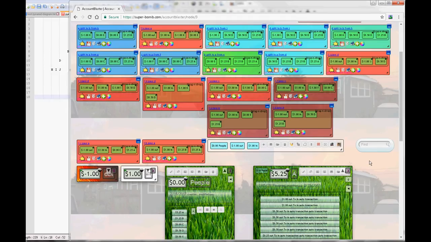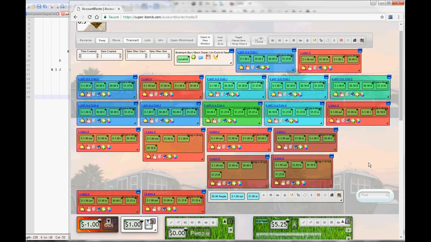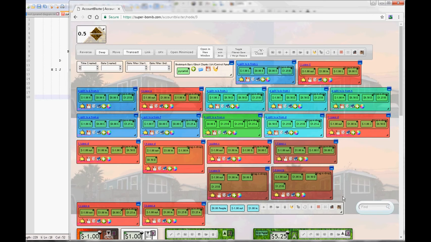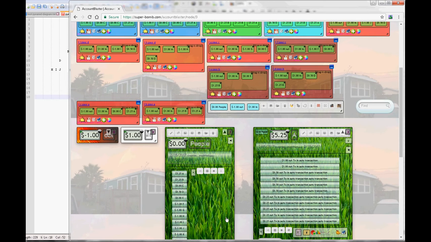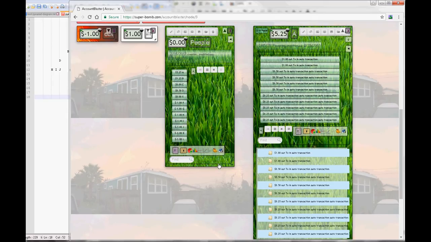So if it's A's bank account, the answer to how much does A need to pay each person today.